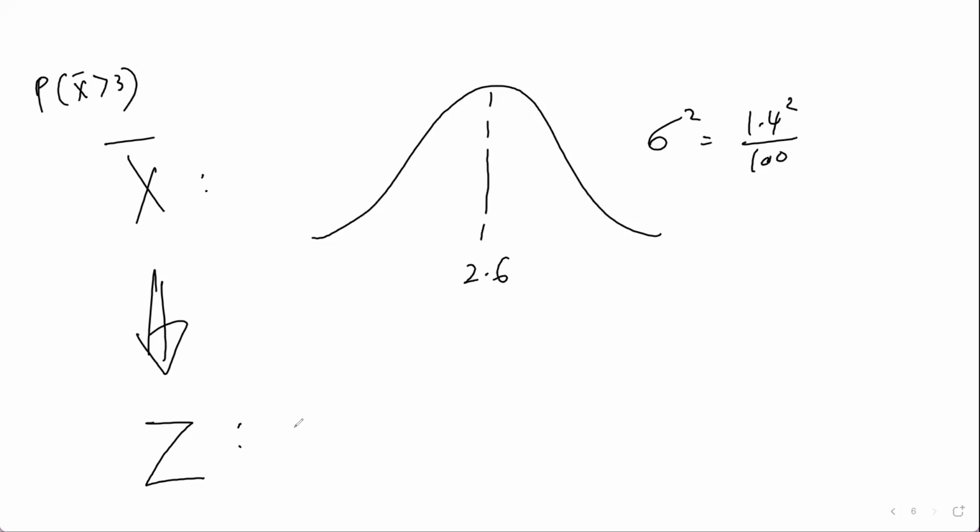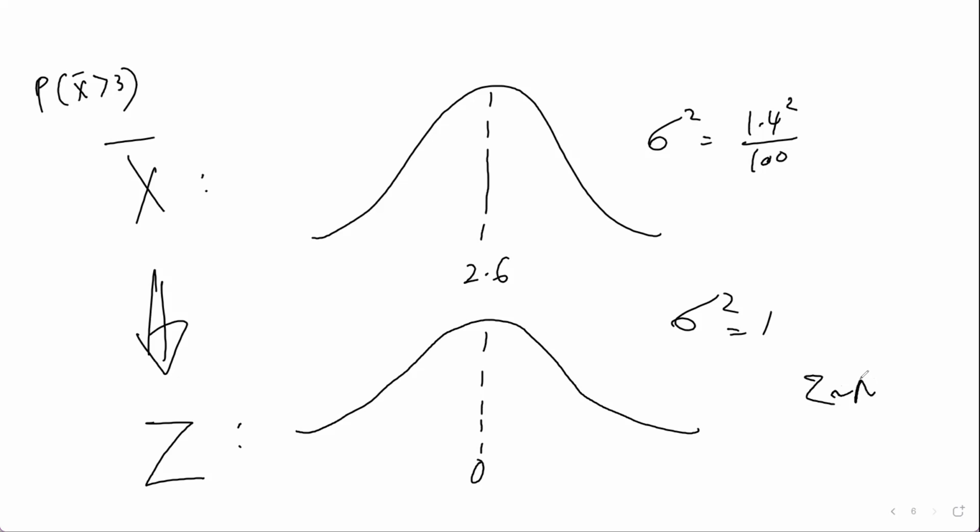We map this distribution to a standard normal distribution with mean 0 and variance 1. Z is a standard normal distribution with mean 0 and variance 1. How do we map this to that? So, how do you do that?